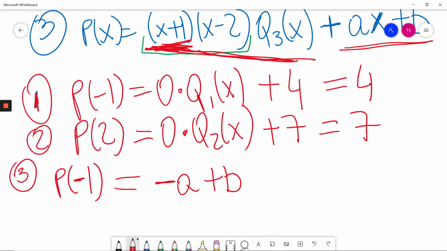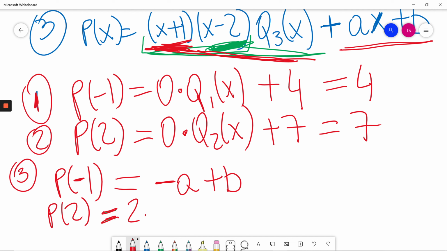Similarly, using 3, p of 2, because of x minus 2 and x is 2, this is 0, so whatever, this will be 0. Then x is 2, so this will be equal a times 2, so I'll write 2a plus b.